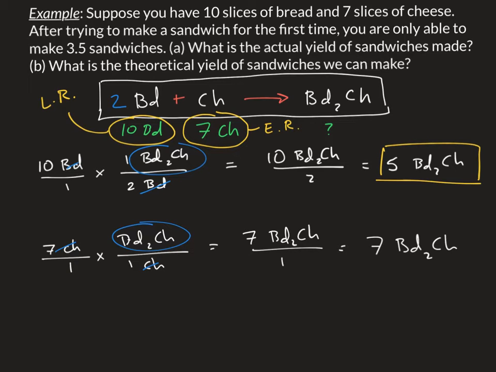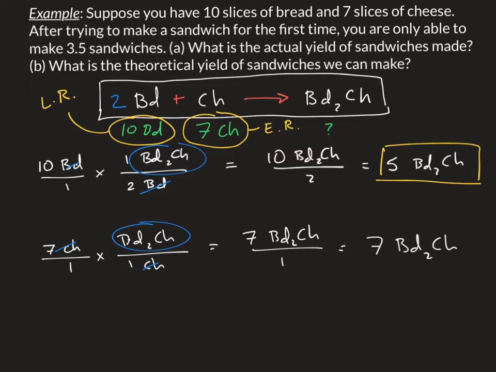Now that we've established that 5 sandwiches is all we can make, okay, this is where we go ahead and start talking about actual yield and theoretical yield, okay? In theory, in a perfect world, we can make 5 sandwiches, okay, given the ingredients that we have.